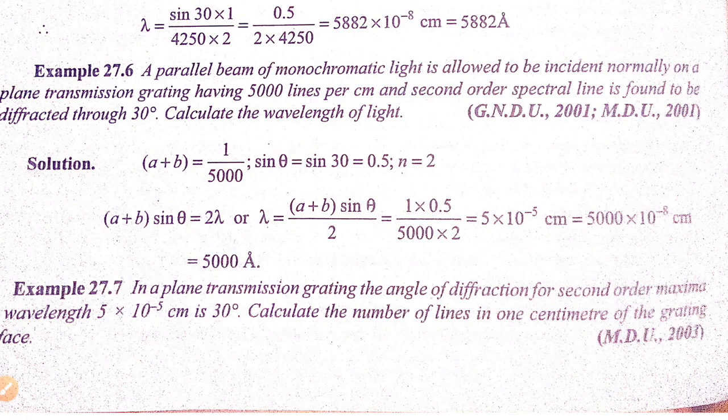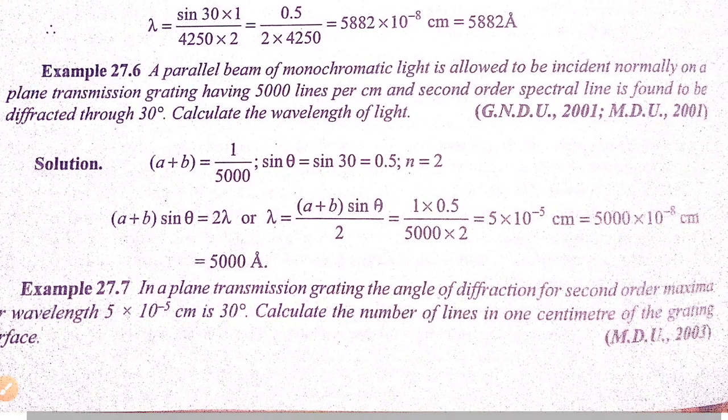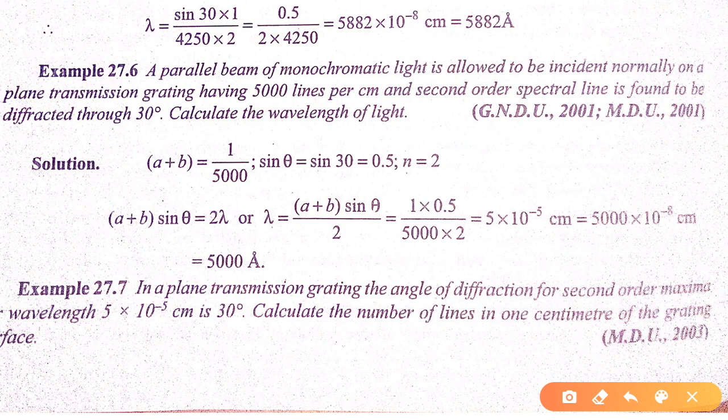We know that a plus b equals 1 by n, that is 1 by 500. Sin theta is equal to sin 30, that is 0.5, 1 by 2. This is the second order, hence n is equal to 2, and we can calculate the wavelength of light.